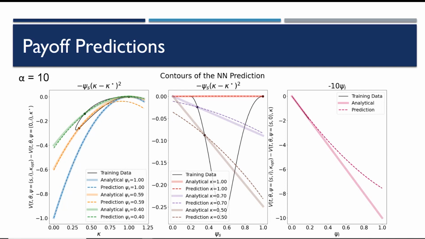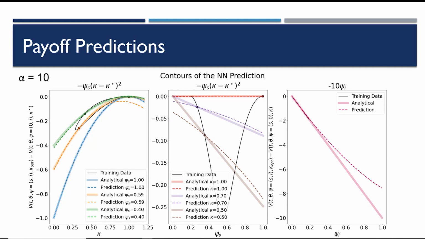We fix psi s and psi I, but then vary kappa, both analytically in this function and on the neural network. We show that here for 3 different data points. And again, you see pretty much near perfect extrapolation, at least on these data points, when you extrapolate with kappa. When you extrapolate with psi s, there is slightly less good alignment, but hopefully we will work on improving these results.